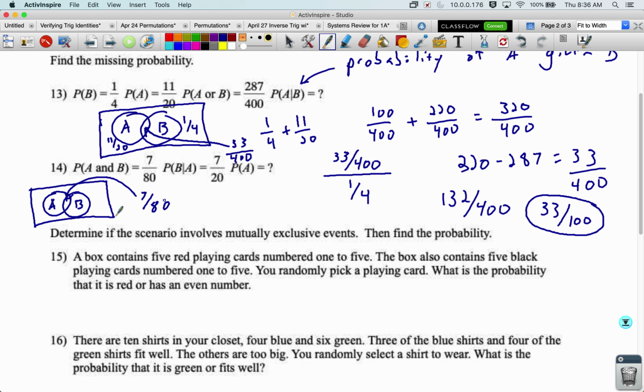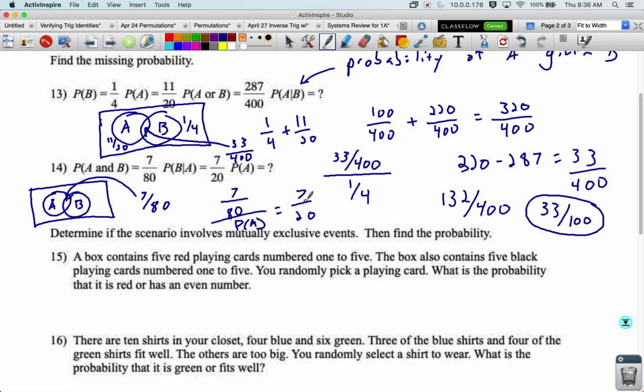It's 7 out of 20. What's the probability of A? So this, 7/80ths, divided by the probability of A should equal the probability of B given A, so equals 7 out of 20.